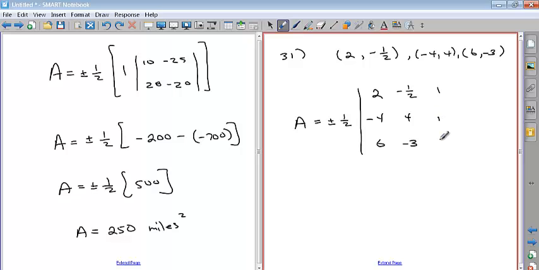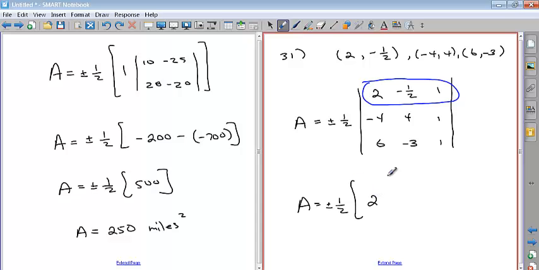In this case, there's no easy way to get out of it, so I'm just going to choose the top row. So you get, the 1/2 really is your material, but I'll keep it in there. Plus minus a half. So you're going to have 2 times the determinant of what's left over once you cross out the rows, and you're going to have minus a negative 1/2.